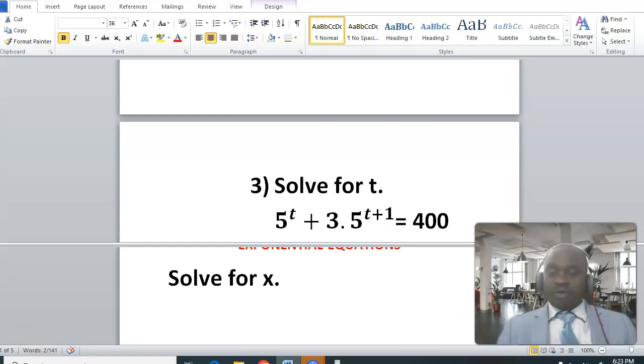If it's in terms of r, we will say solve for r. If the equation is in terms of x, the question will be asked solve for x. If it is in terms of y, it will be asked solve for y. But this one, the equation is in terms of t, so the question says solve for t. So how do we do that?